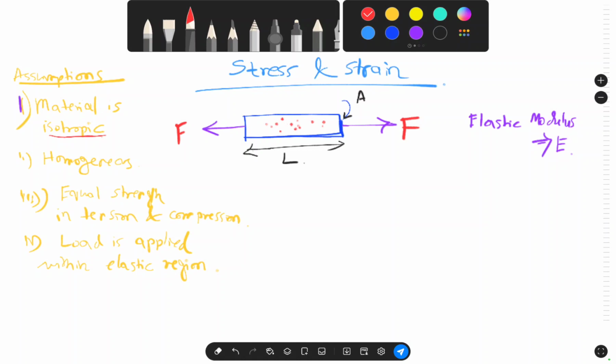In Hooke's law, it is said that stress is proportional to the strain when the load is applied within the elastic region, that is, up to the proportional limit.